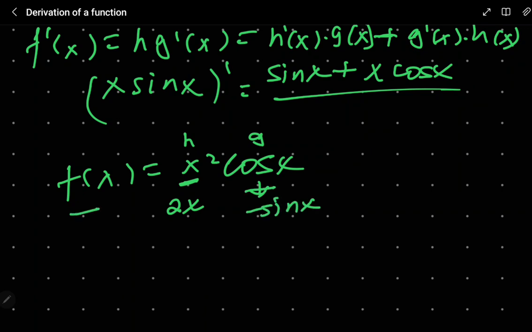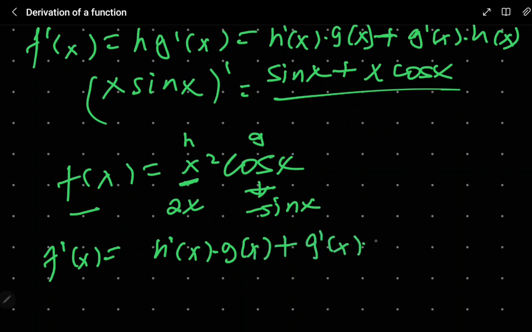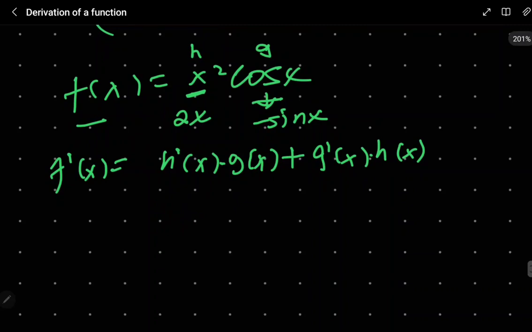Now f of x is the product of h of x and g of x, so f'(x) is h'(x) times g(x) plus g'(x) times h(x). Okay, now this is equal to how much?